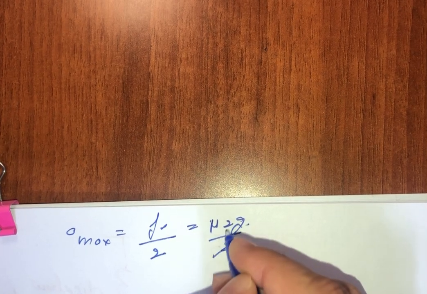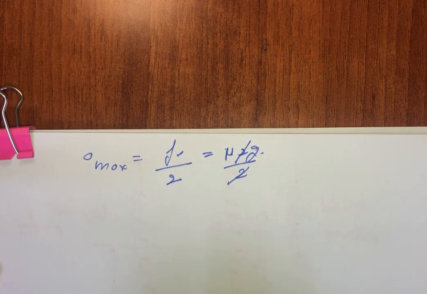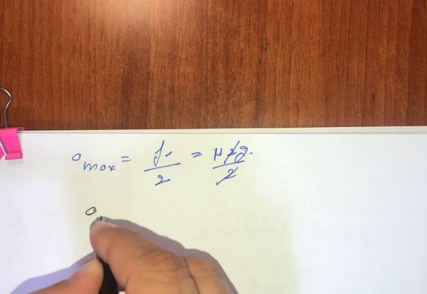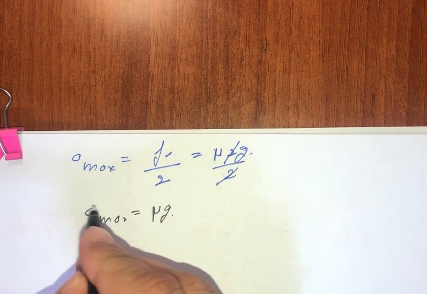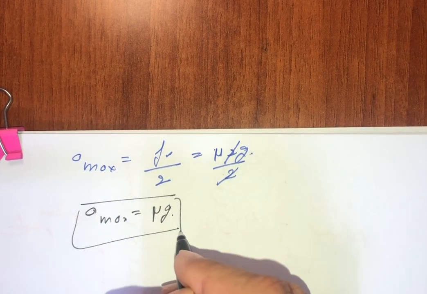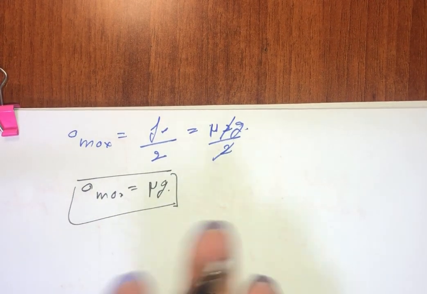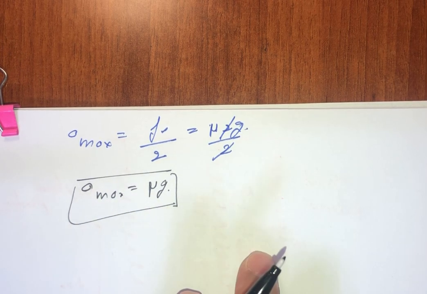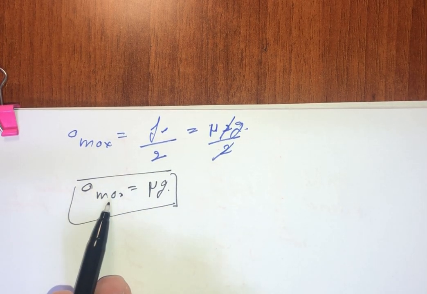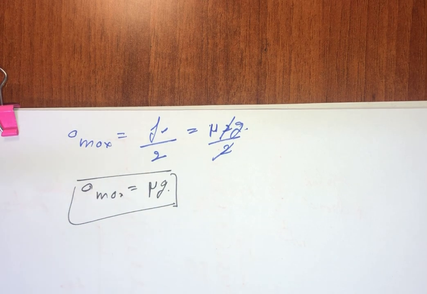Divided by 2, the 2 cancels with the 2, so the maximum acceleration Amax is equal to mu g. And we already had the initial hint that both blocks will move together until this maximum acceleration Amax is equal to the acceleration A.